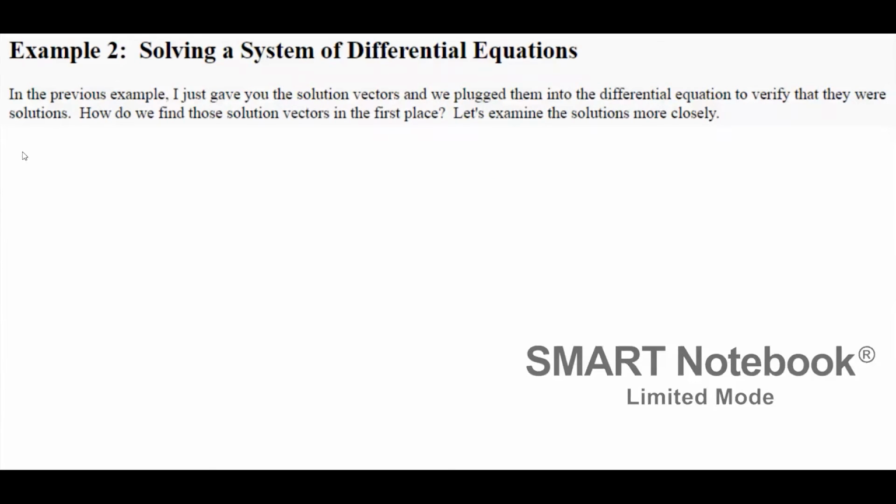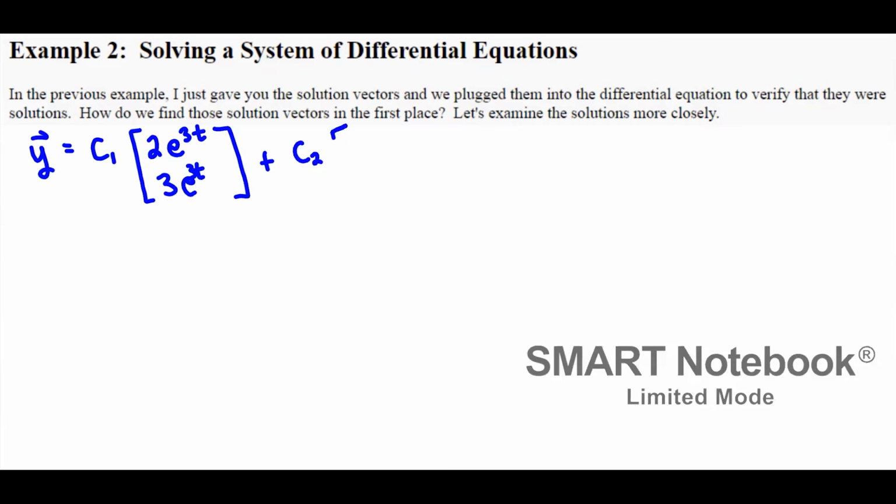So if I write that solution again, C1 times 2 e to the 3t, 3 e to the 3t, plus C2 times 2 e to the negative t, and then 5 e to the negative t.